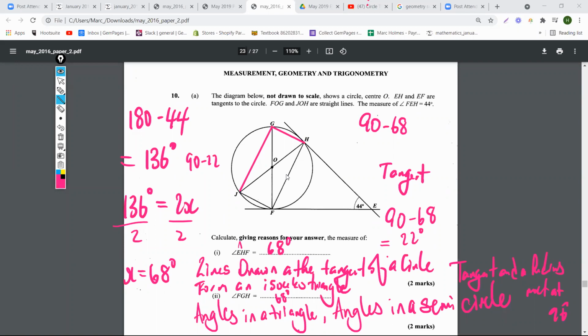And wouldn't that be opposite angles in a cyclic quadrilateral are equal? So if F is equal, wouldn't G be equal as well? Yeah, for sure. It's definitely angles in a cyclic quadrilateral. But this cyclic quadrilateral is just dead even, 90, 90, 90, 90 right across. Am I right?